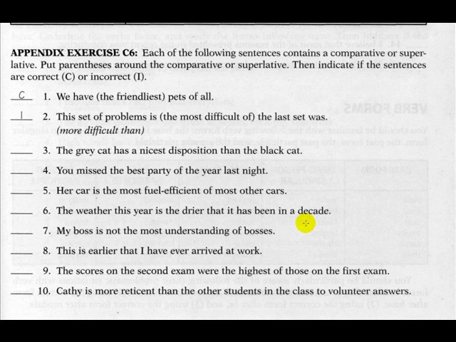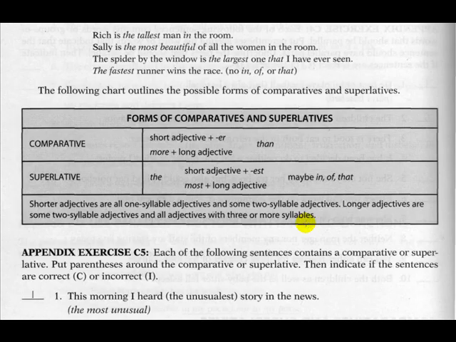Okay, let's go to the table and see if we can figure this out. The sentence, I think I might have stated it wrong, is simply that the weather this year is the drier that it has been in decades. And if we look at the chart, we see that is in the comparative part of the chart.